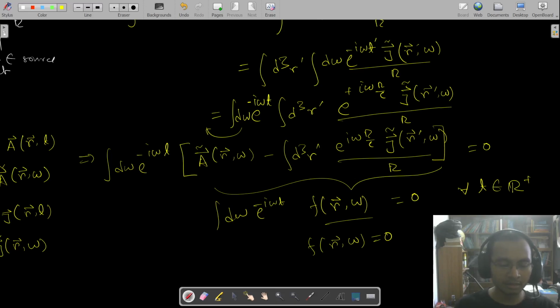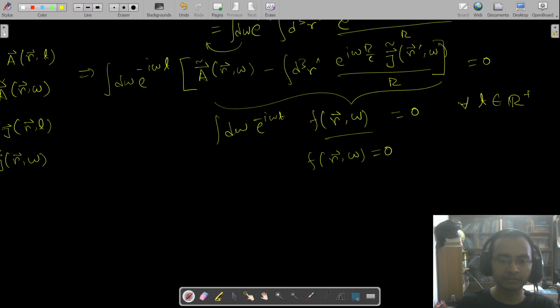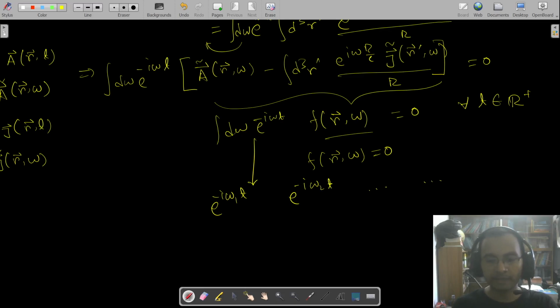I mean, there are multiple ways to see how this comes about. First, notice you can think of this integral as a sum over different elements of a basis, with this element e to the power minus i omega 1 t, another basis element being this, and it goes on, right?